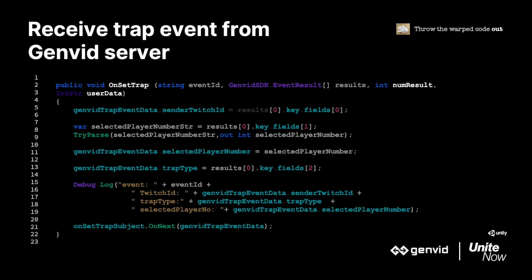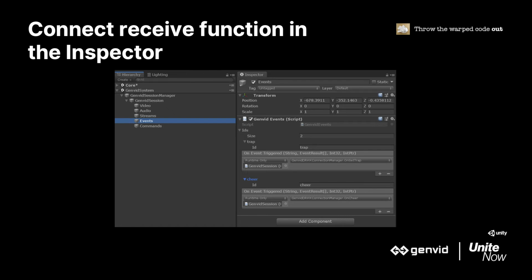The trap's event result argument has the information of the Twitch ID of the trap sender, type of trap, and which player was locked on. Those data are converted to the Genvid trap event data struct, and it notifies the game system. Cheering and drop trap event code correlates to the On Event Triggered fields in the Inspector of the Genvid event game object.